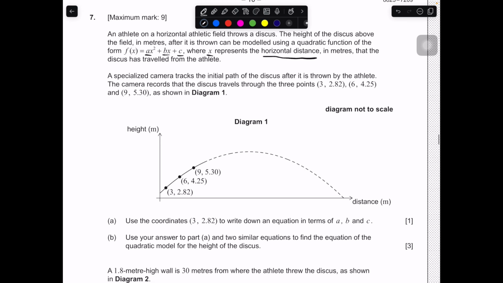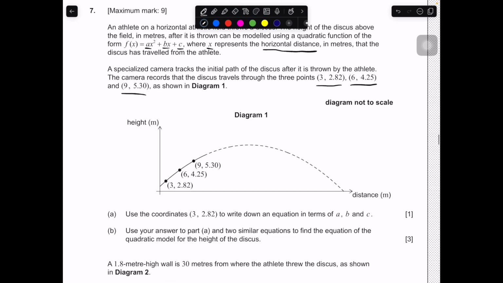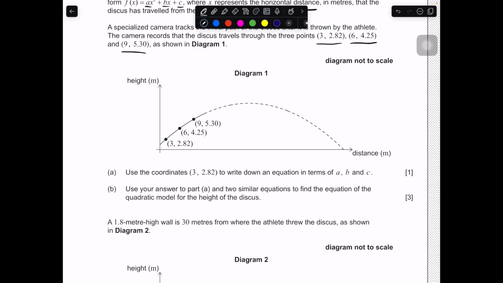A specialized camera tracks the initial path of the discus after it is thrown. The camera records that the discus travels through 3 points: (3, 2.82), (6, 4.25), and (9, 5.30), as shown in diagram 1. Use the coordinates (3, 2.82) to write down an equation in a, b, and c.